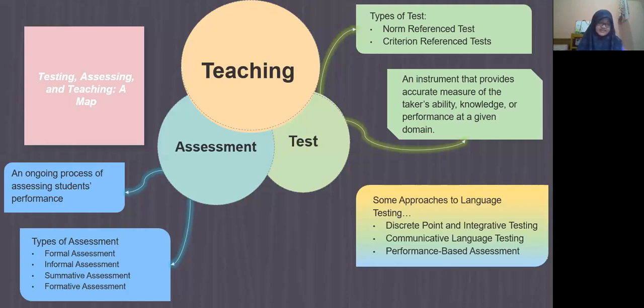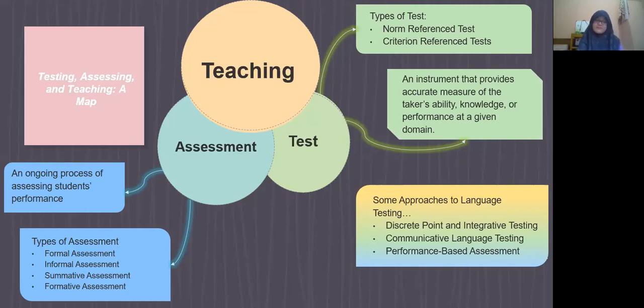Discrete point tests are constructed based on the assumption that language can be broken down into components such as language skills like listening, speaking, reading, and writing, as well as the various units of language. Those parts were believed to be testable successfully in separate ways.